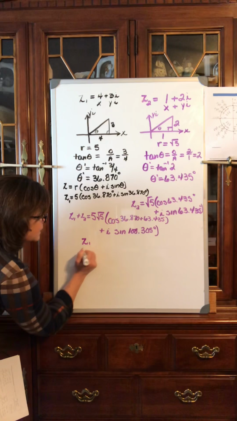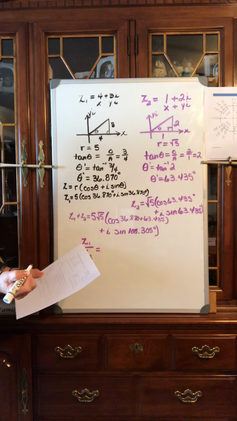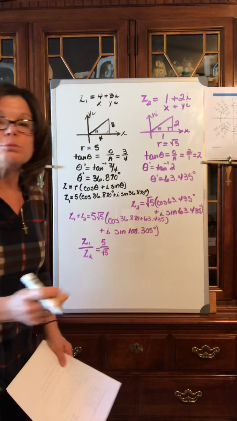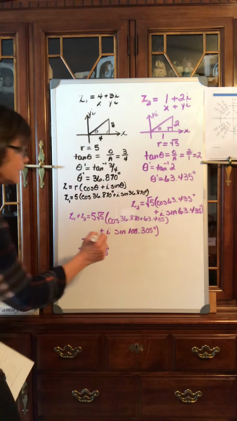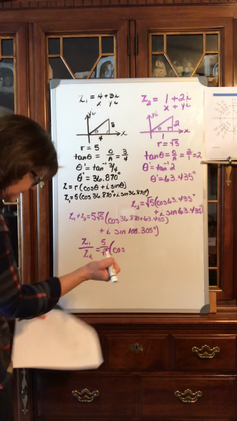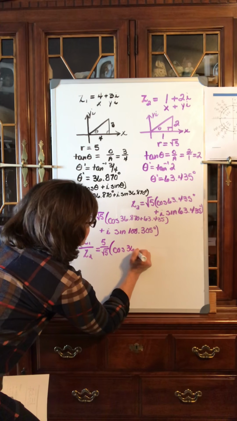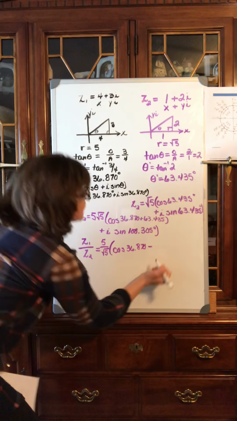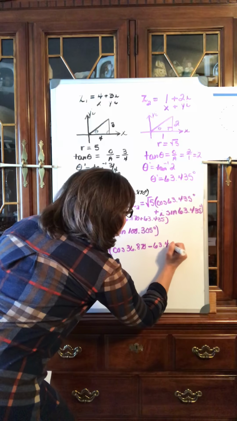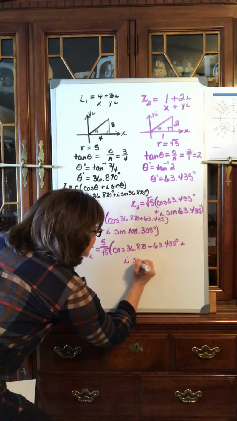To do the quotient, Z1 divided by Z2, remember you divide the coefficients, so it's going to be 5 divided by the square root of 5. You don't have to rationalize that denominator because you're going to use your calculator to distribute it. You would subtract the angles, so it would be the cosine of 36.870 minus 63.435 degrees plus i times the sine.